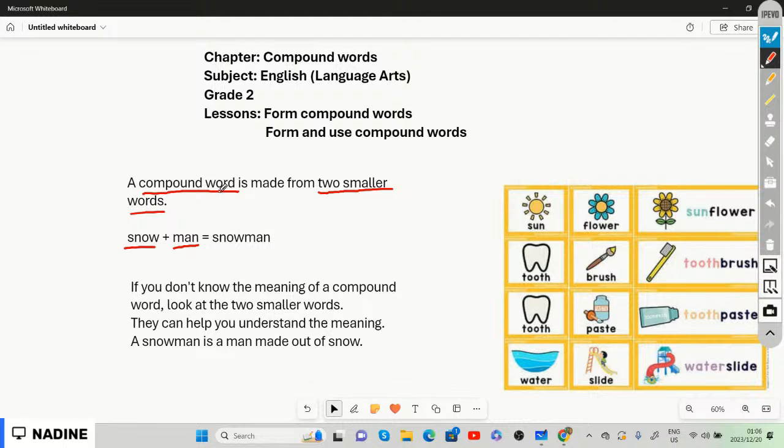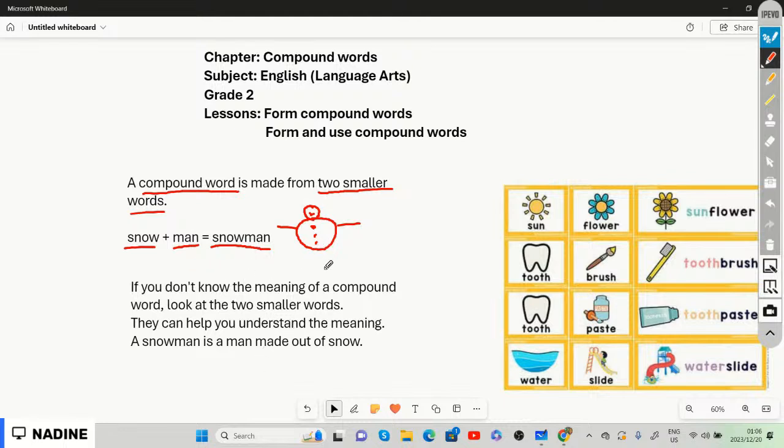But if we put those two words together, the word changes to snowman, a little snowman that people usually make.